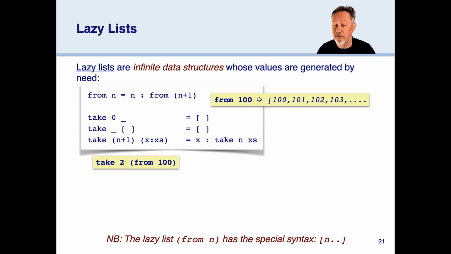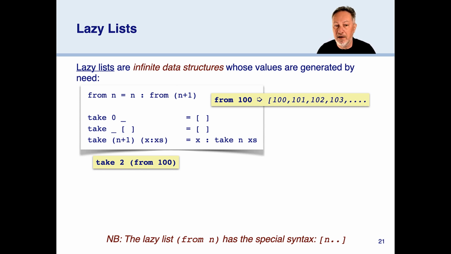So if we try to evaluate from 100, then our program would just not terminate. However, we can perfectly define such structures and pass them around as long as we don't try to evaluate all of the elements in the list. Now here's an application. I have another function called take, and it will take n elements from a list.